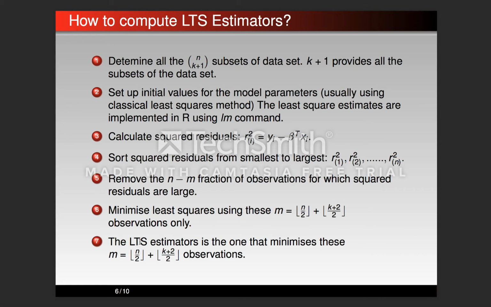And finally, we obtain the least square estimator, where the least square estimator is given by the one that minimizes this, with m equals n plus 2 plus k plus 2 observations.